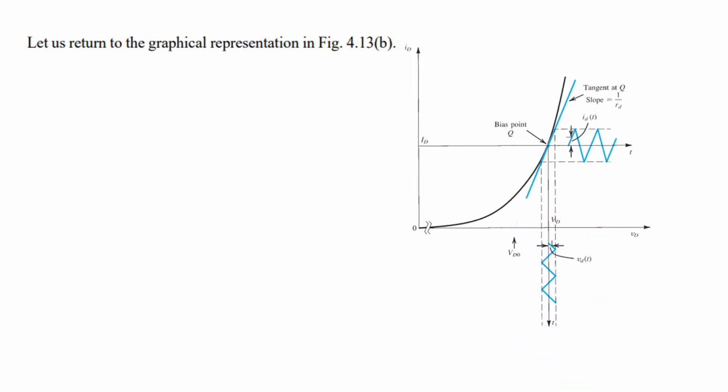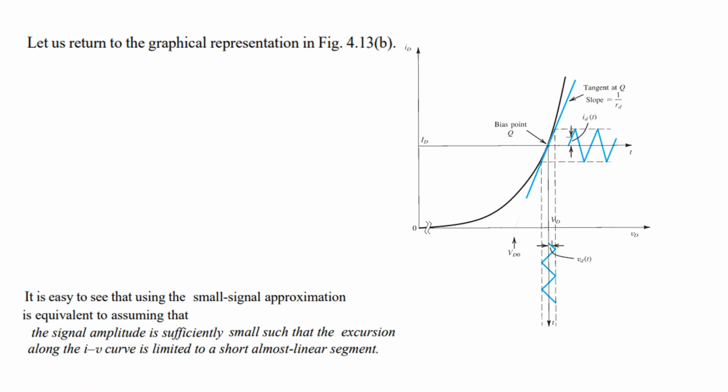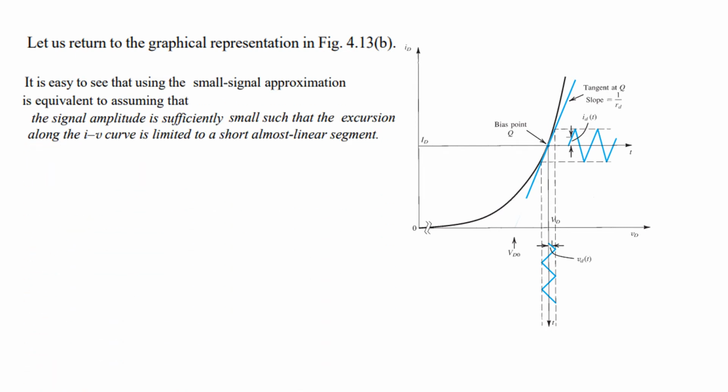And now we come to the graphical representation of this signal here. We'll revise this one more time. It is easy to see that using the small signal approximation is equivalent to assuming that the signal amplitude is sufficiently small such that the excursion along the i-v curve is limited to a short, almost linear segment.